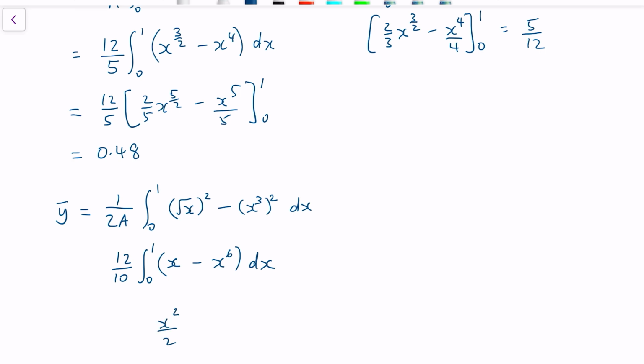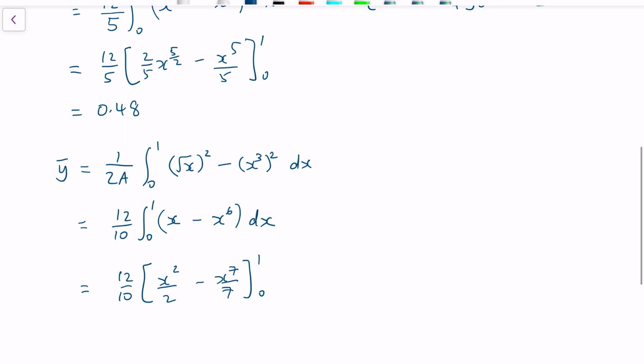X squared over 2 minus x to the 7 over 7. And we have a half minus a seventh times 1.2. And that gives us 3/7, or 0.429, 3 decimal places.